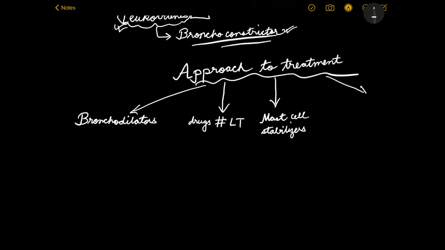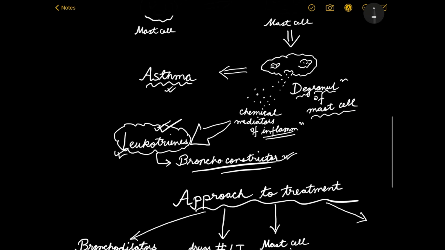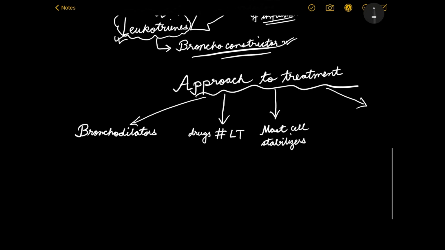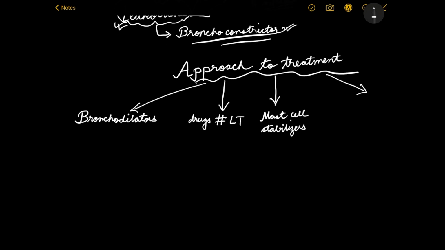or another way is, go a little up, yes, drugs which can prevent the antigen IgE reaction. So drugs which can prevent the antigen from binding to IgE. So drugs preventing antigen IgE reaction.